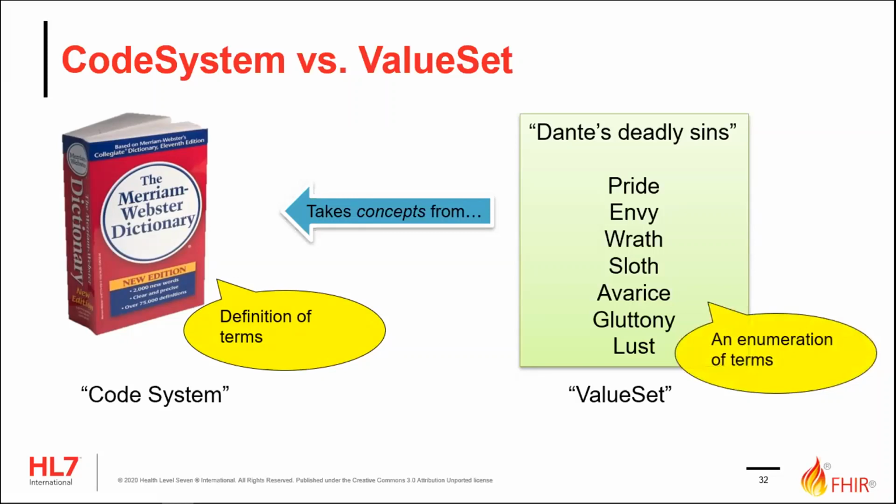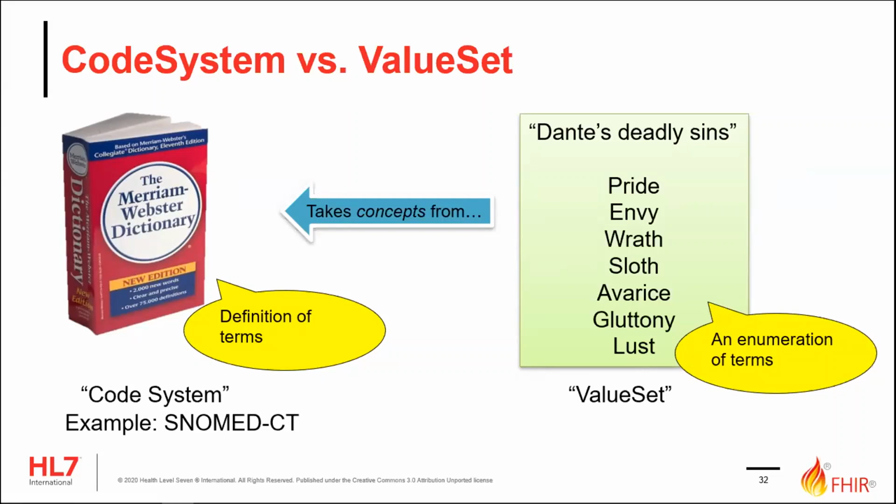The value set, on the other hand, is an enumeration that says this is the set of codes, the set of words, that is allowed in this particular space. So code systems might include things like SNOMED CT or ICD-10 or UCUM, which is a code system for units of measure. Your internal proprietary lab codes are a code system.